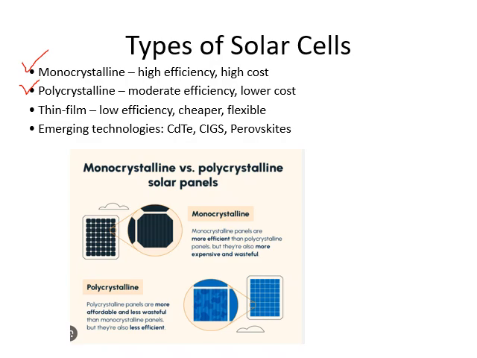Polycrystalline means they have multiple crystals. So monocrystalline is high efficiency with a higher cost. Polycrystalline is moderately efficient with a lower cost, and thin film is not directly the silicon crystal, rather it is distributed over a carrier material.